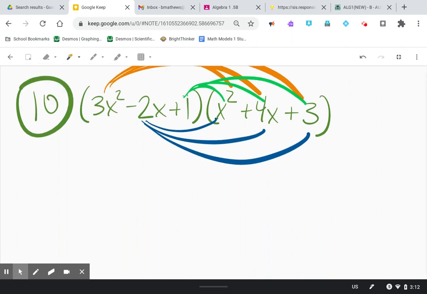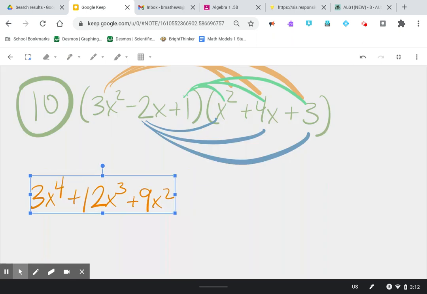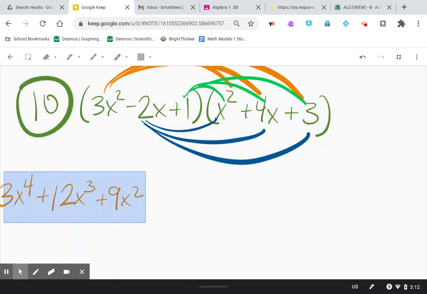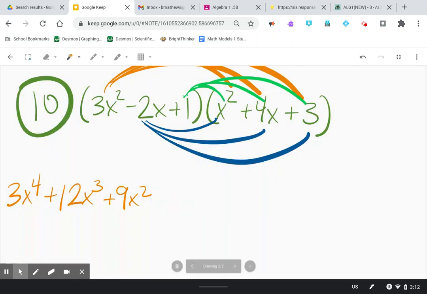So 3x squared times x squared is 3x to the 4th. 3x squared times 4x is 12x to the 3rd. 3x squared times 3 is 9x squared. Actually, let me move this over so we have plenty of room. Then looking at our blue terms, negative 2x times x squared is negative 2x to the 3rd.